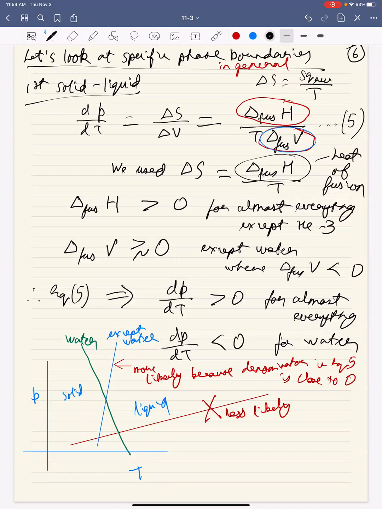Okay, we did solid-liquid. So we have three things, solid, liquid, and vapor, and we want to talk about three boundaries. We did solid-liquid. Now let's move to liquid-vapor. Similar idea, but the signs will be different now, because we have to look at the delta term carefully. So let's now look at the liquid-vapor boundary.